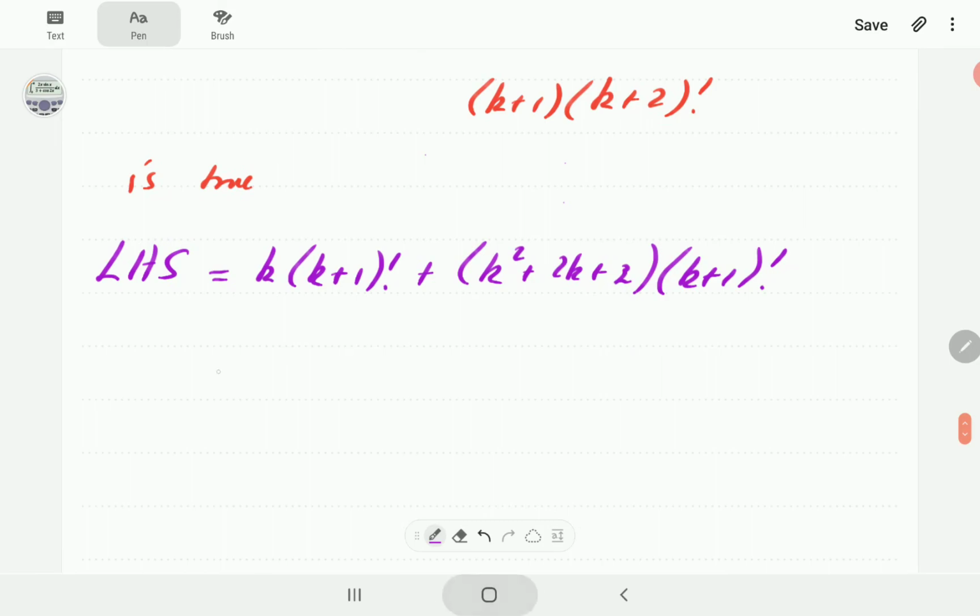Then k plus 1 factorial is common, so we're going to have k plus 1 factorial into k, which is this one, plus k squared plus 2k plus 2.